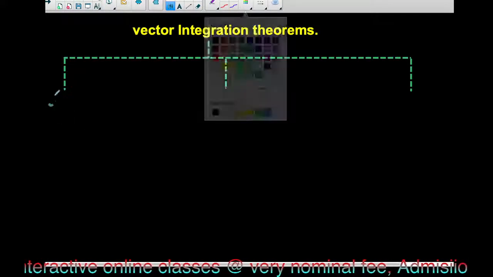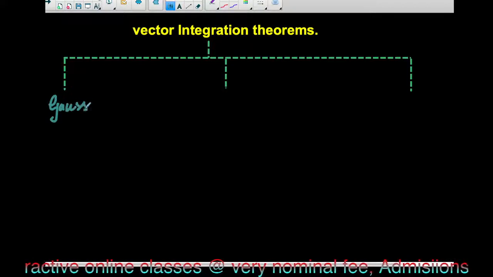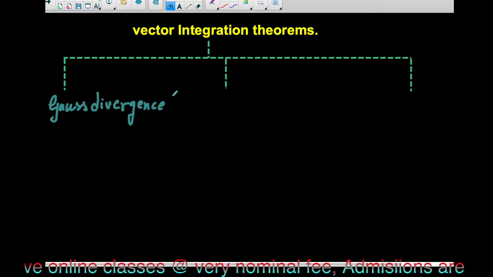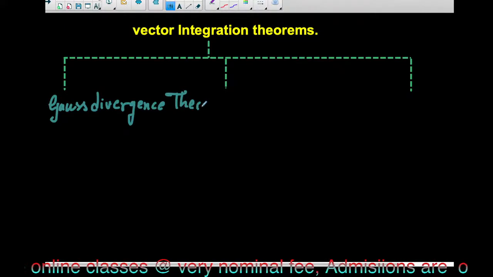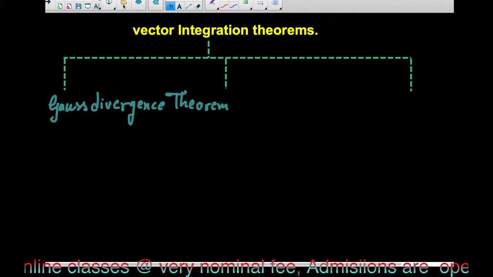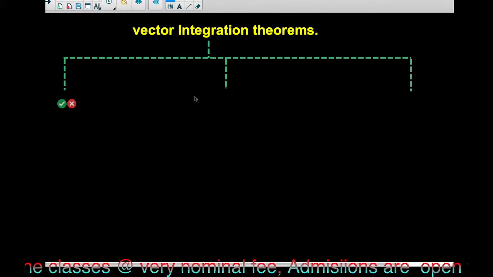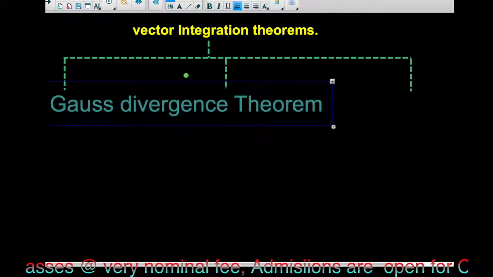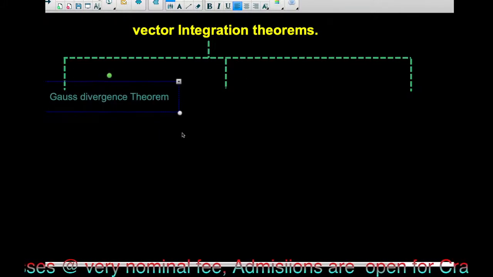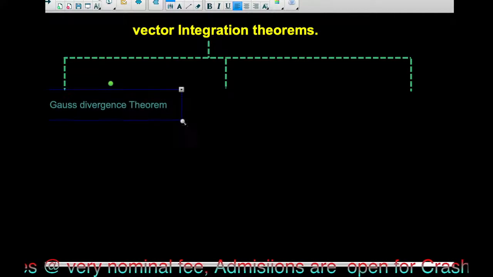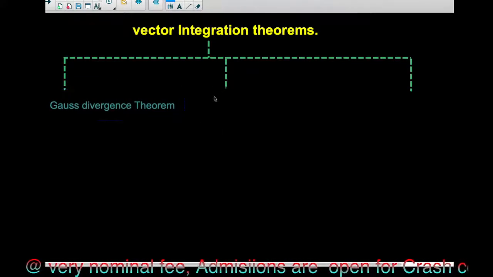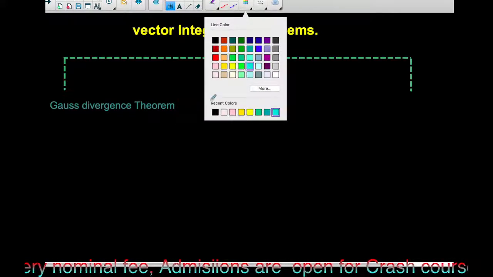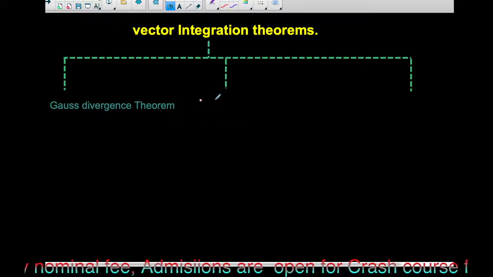So that is called Gauss Divergence Theorem. Clear? One of them is Gauss Divergence Theorem. Then after we will go for another theorem, that is called Green's theorem, right?